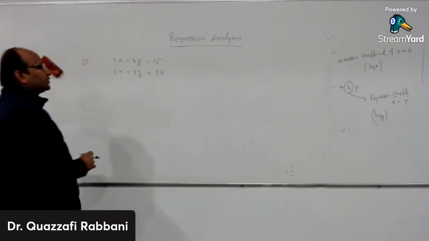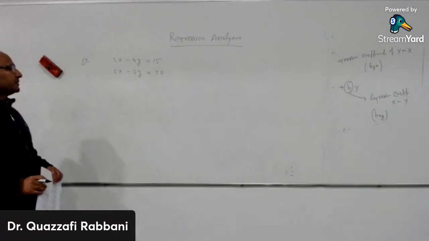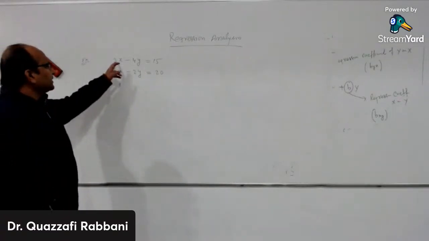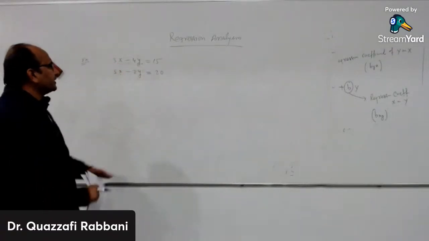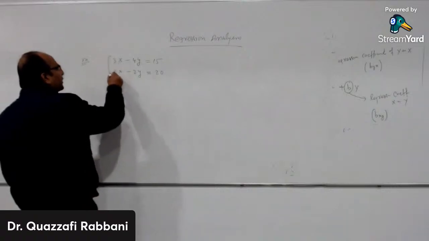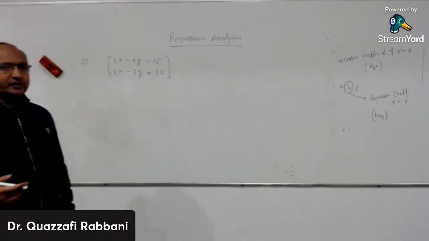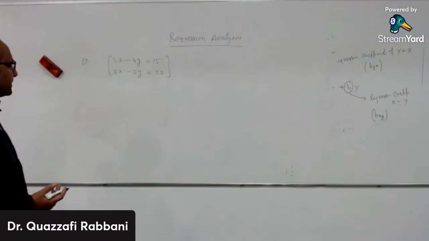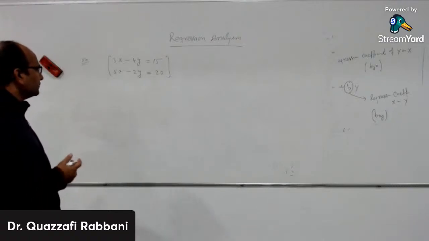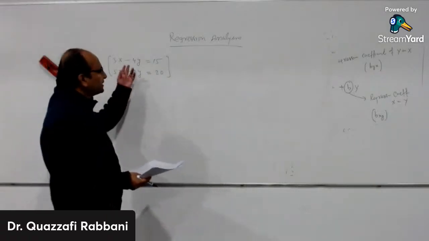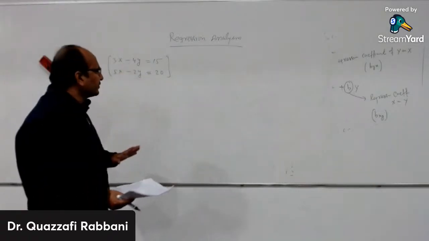We are given the equations between x and y, but we are not told which one is x on y and which one is y on x. In that case, what will we do to find which equation is x on y and which equation is y on x?